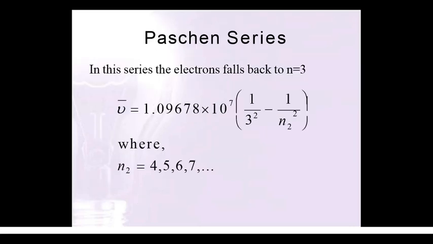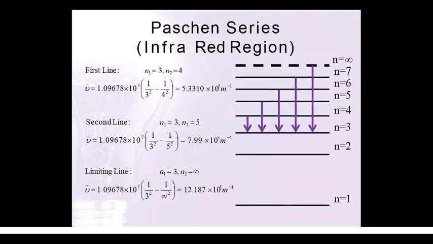Now, the third series is the Paschen series, when the electron makes a transition to n is equal to 3 state from higher energy states. So, here also from n equal to 4 to n equal to 3, you can calculate a nu bar. From n equal to 5 to n is equal to 3, you can calculate the second line. And the last line is known as the limiting line.